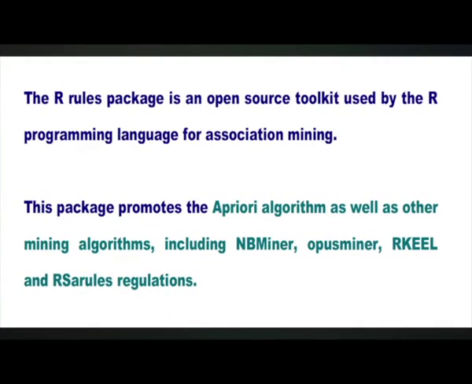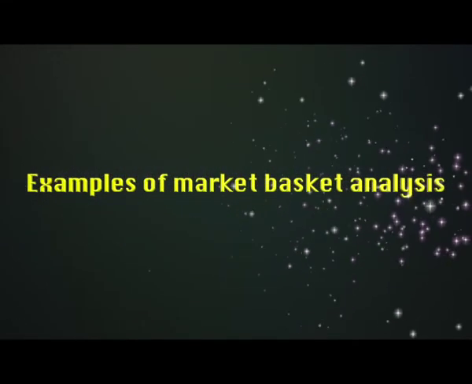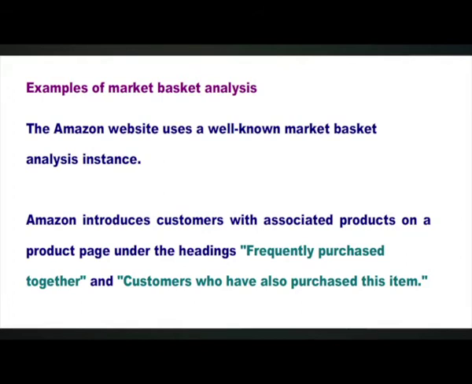The arules package is an open source toolkit used by the R programming language for association rule mining. This package supports the Apriori algorithm as well as other mining algorithms, which include NB Miner, Opus Miner, RKEEL and RSARuleS. An example of market basket analysis is the Amazon website, which uses a well-known market basket analysis instance.